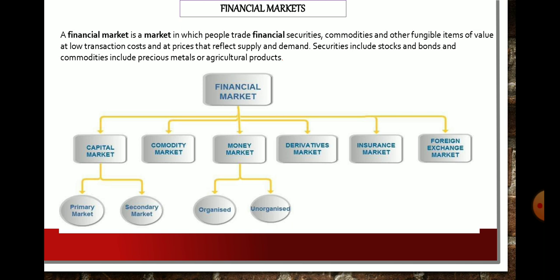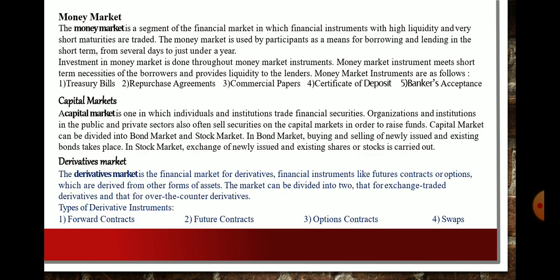Then derivative markets: a derivative is an asset whose value is derived from an underlying asset. Another is the insurance market, where we deal with life insurance corporation, general insurance, health insurance, and other things. Lastly, we deal with the foreign exchange market, where we deal with foreign currency. There are basically three types of markets.